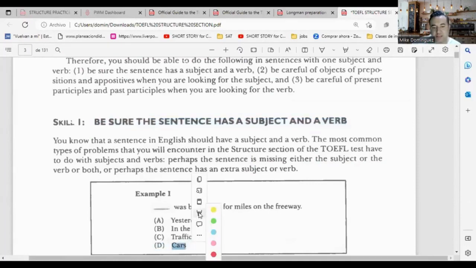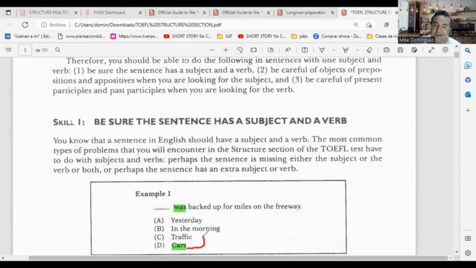Why did you discard cars? Well, I don't understand backup. But it's a verb. You don't have to understand all the verbs, but notice that it's a verb. Well, maybe it's cars because it's like stuck in the traffic, so maybe the most logical answer would be cars.